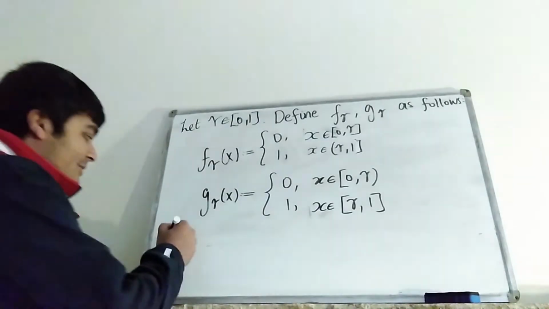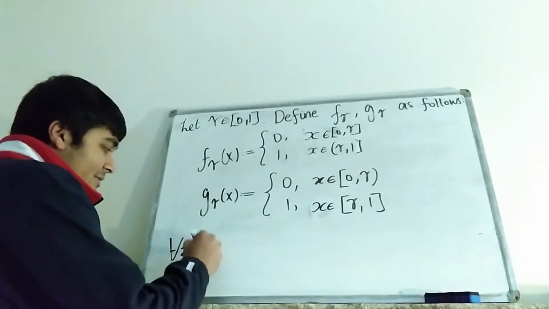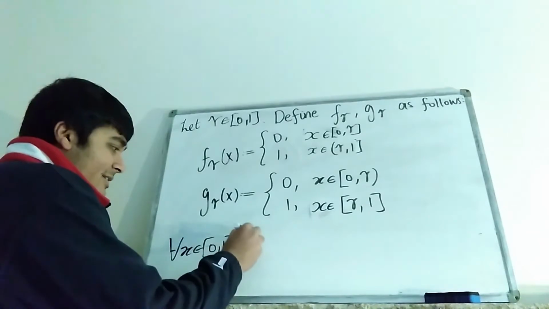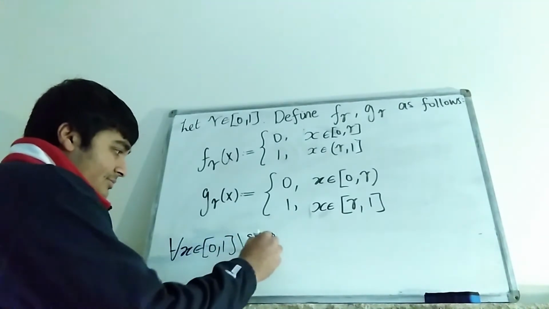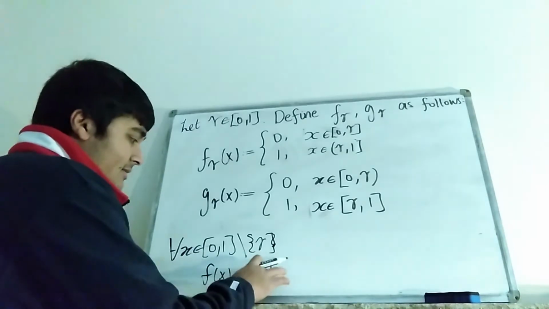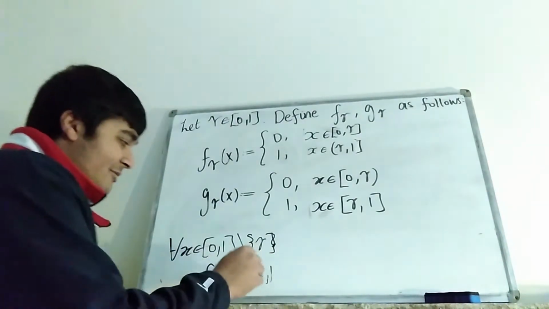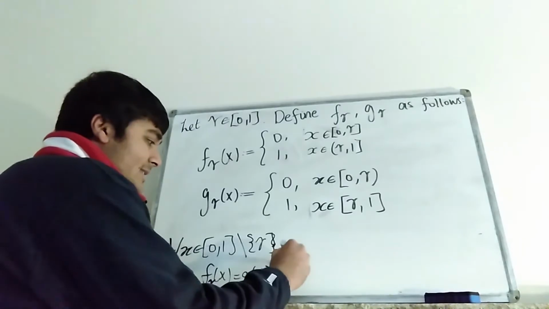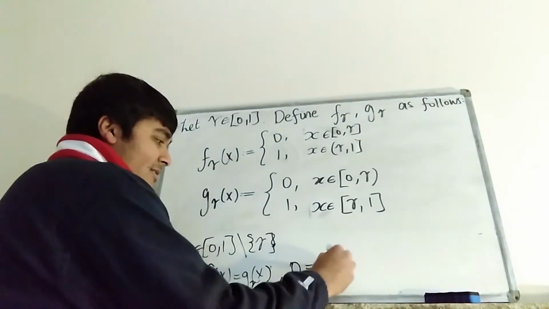So for all x a member of 0, 1 without gamma, f gamma of x equals g gamma of x, but 0 is equal to f gamma of gamma.